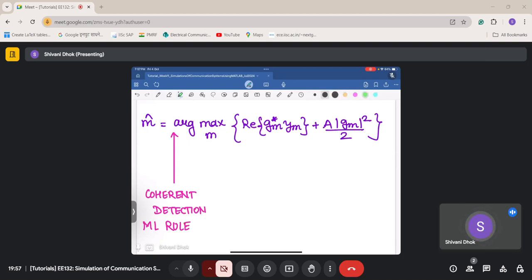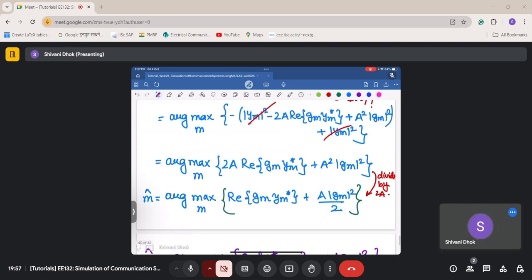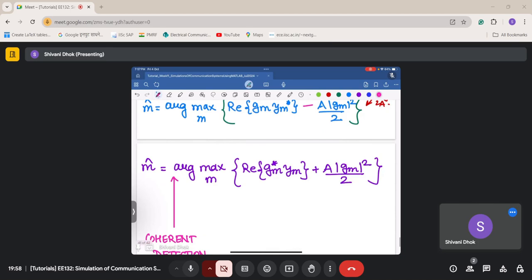Then this term, okay, I made a small mistake here. You'll have a minus sign. So this term here is known as the energy compensation term.